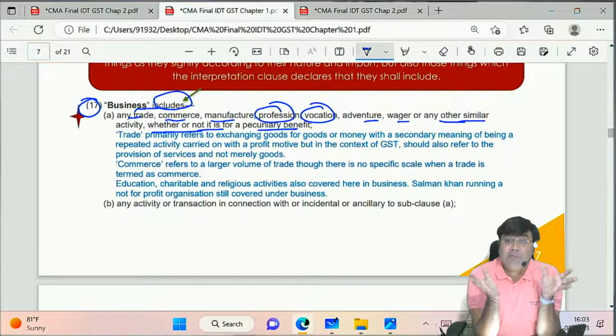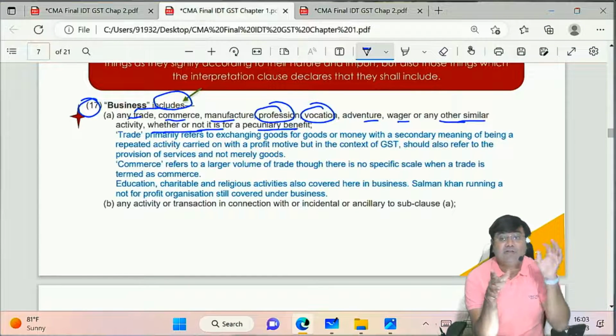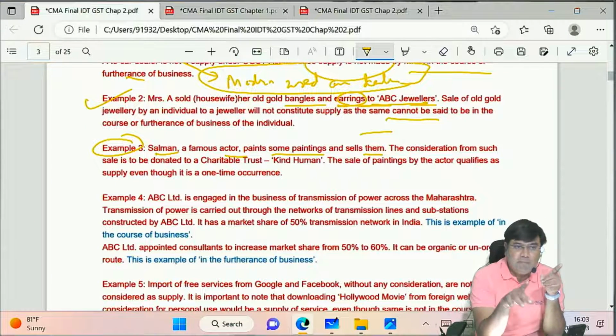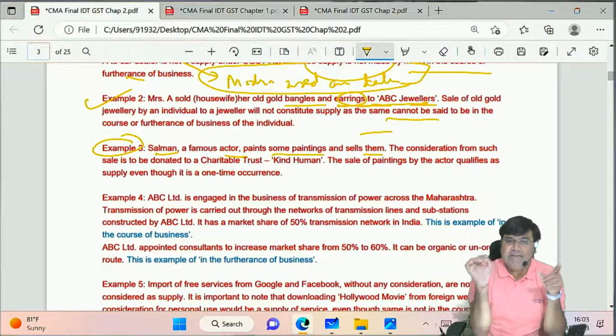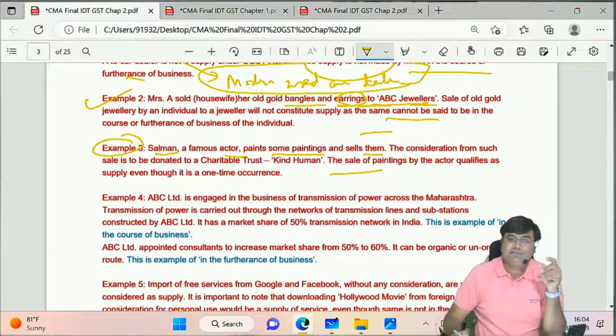So this is going to be business. We discussed this in detail, I am not going to discuss it again. So both the conditions are satisfied. So Salman Khan selling a painting is going to be a supply subject to GST.